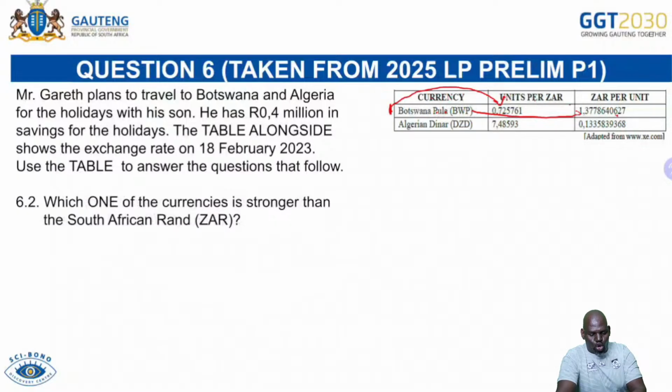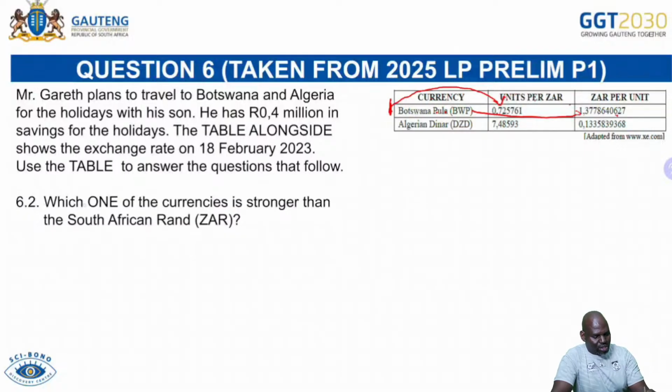It changes to 0.725. So if somebody from Botswana brings a lot of Botswana Pula to South Africa, that person will get fewer rands. So it means their currency is actually stronger than the South African rand.